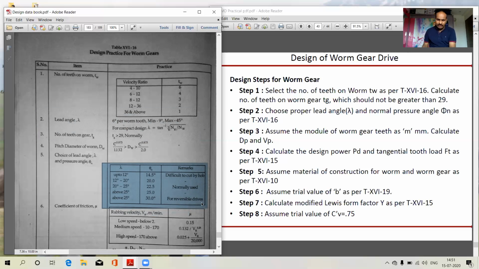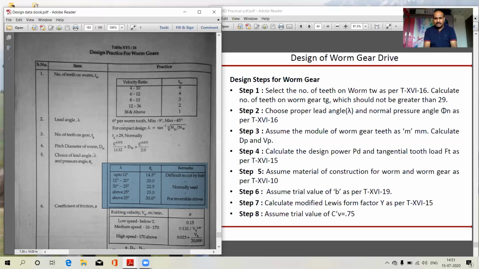For the same value of lambda, that is the lead angle, if it is up to 12, what is phi n, the normal pressure angle? It is 14.5. So it must be selected with the help of the lead angle. The lead angle is selected with the help of TW, the teeth on worm. Accordingly, the second step is over.